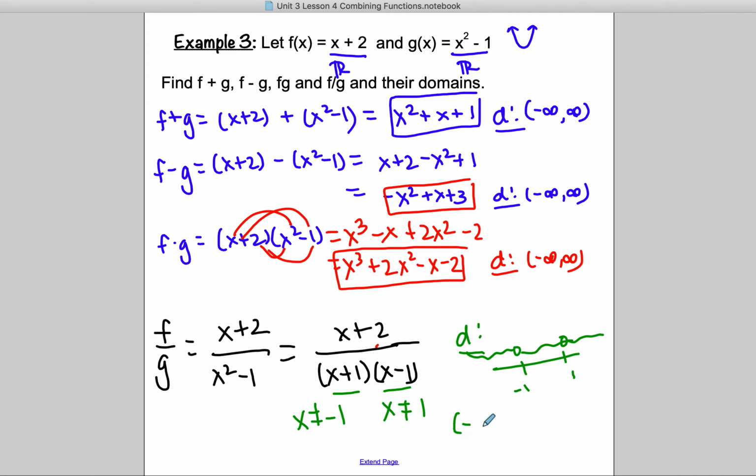So my domain, negative infinity to negative 1, union, negative 1 to 1, union 1 to infinity. So there it would be written out for us in interval notation.